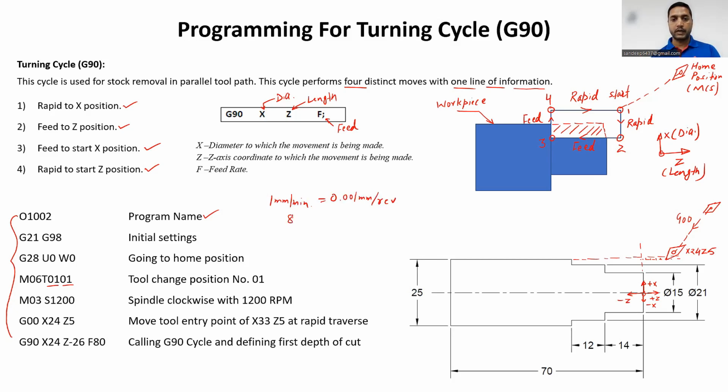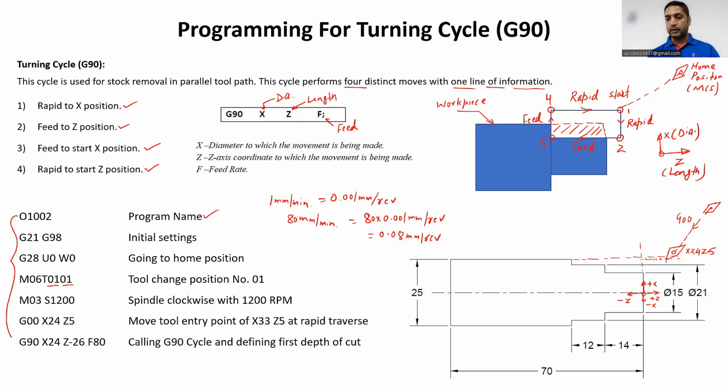And in case of 80 mm per minute feed, we will convert it and it will be 0.08 mm per revolution.